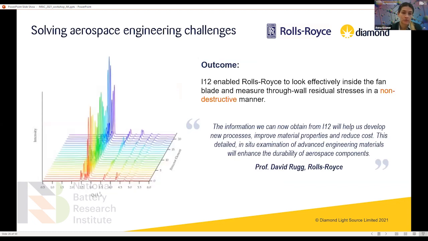That work was very successful. They were able to see which surface treatment is doing its job and maintains the good integrity of the fan. That gave information on the stress of the studied sample, and it really helped them find the right surface treatment, but also reduce the cost of the overall product.